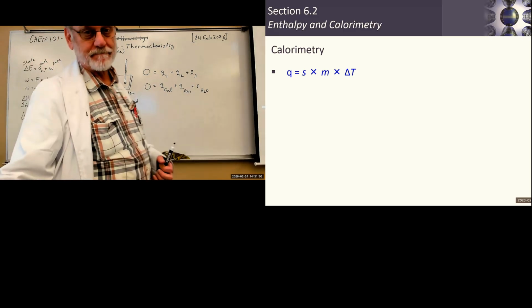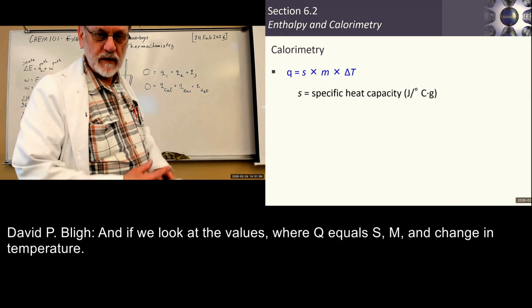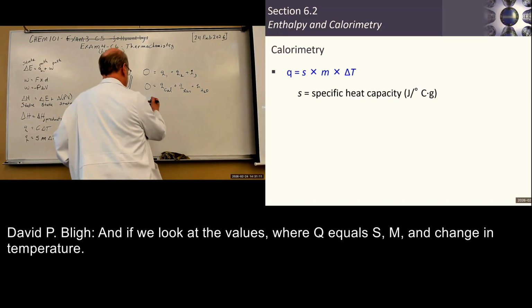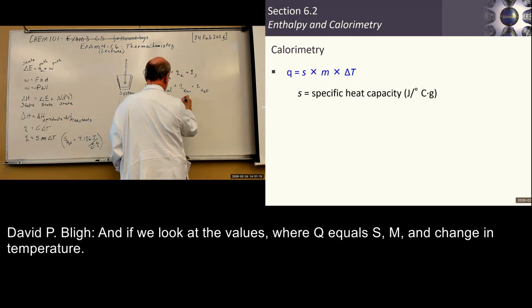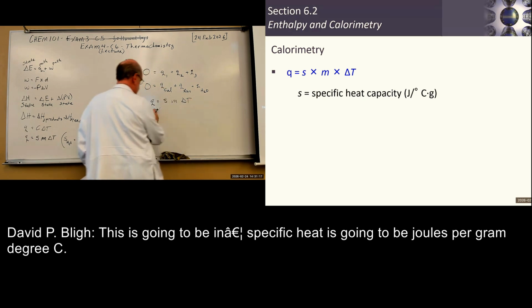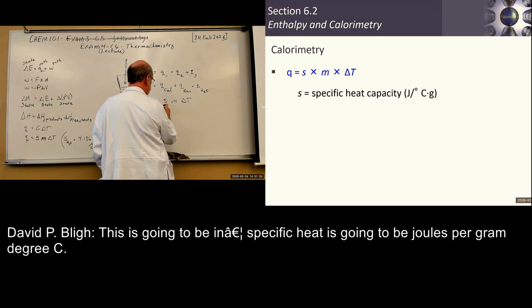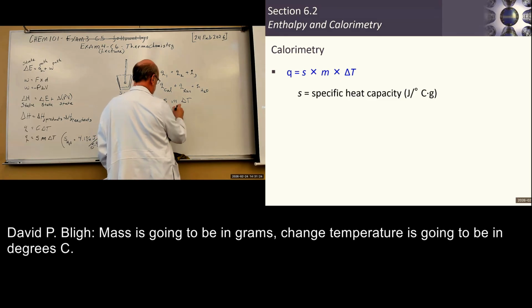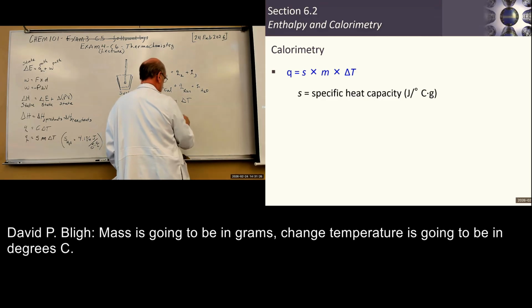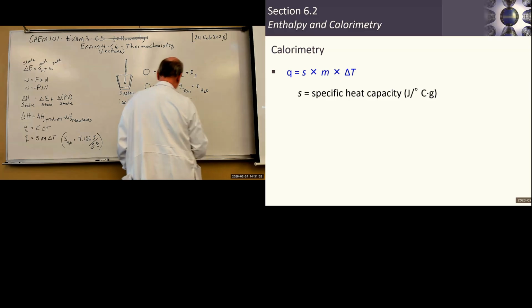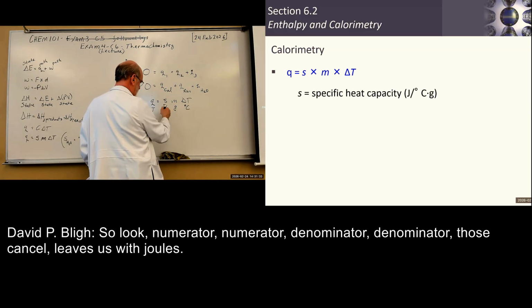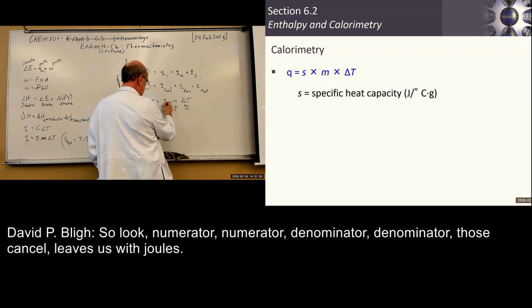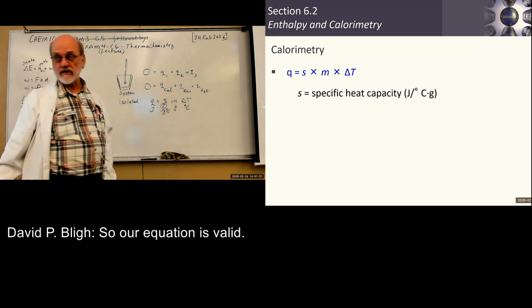If we look at the units, specific heat is going to be in joules per gram degree C. Mass is going to be in grams. Change in temperature is going to be degrees C. And this is going to be joules. So look, numerator, numerator, denominator, denominator, those cancel, leaves us with joules. So our equation is valid.